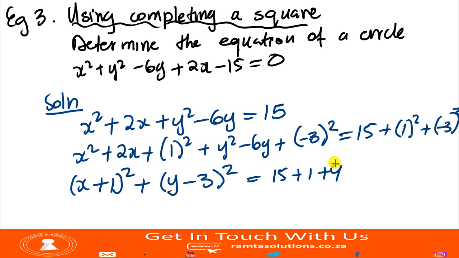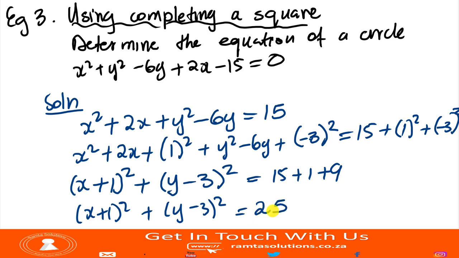Yes, it is. So this is x plus 1 all squared plus y minus 3 all squared equals 25.